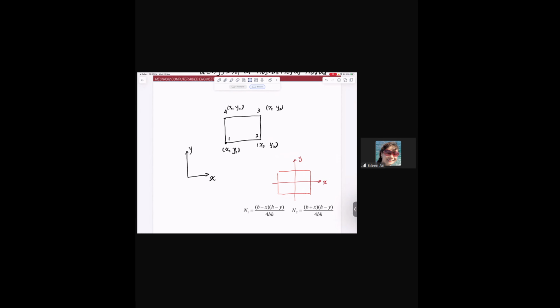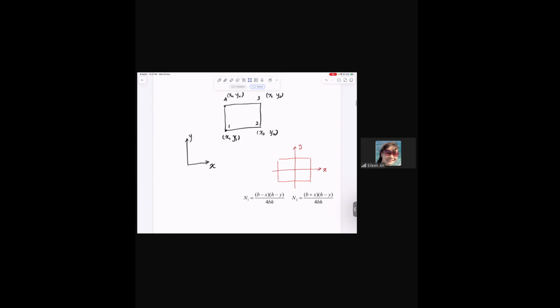For this special element, the red one, we know the shape function can be calculated by using the element's width and the height, right? For this element, the width is 2b, the height is 2h. And the coordinate system is at the center of this rectangle.